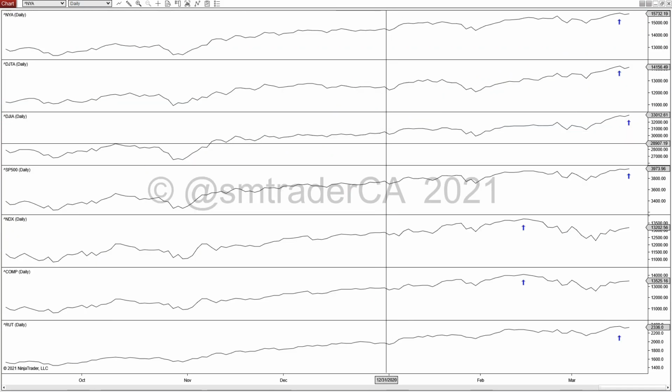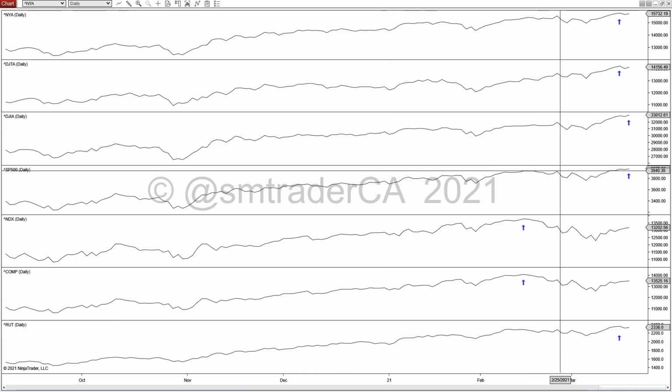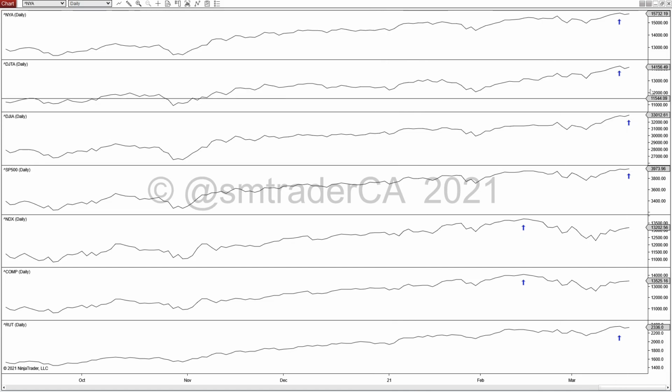And before we go and take a look at the 10-year yield chart and also on the dollar, I just want to take an updated look at this index chart here. You can see that the only indexes that made a new closing high are the Dow Jones Industrial and the S&P 500.